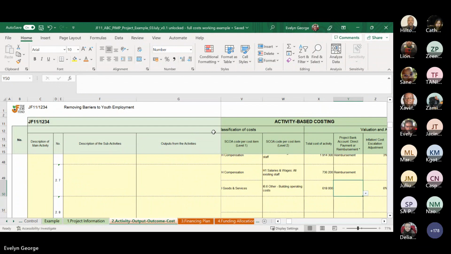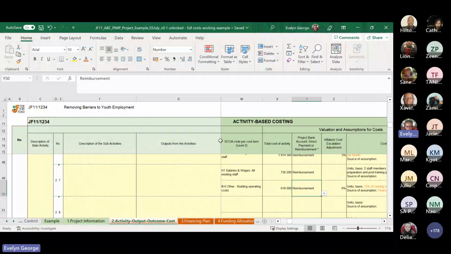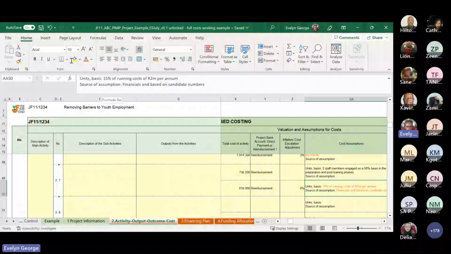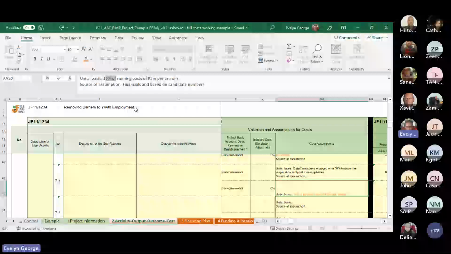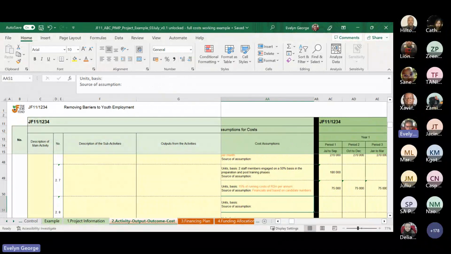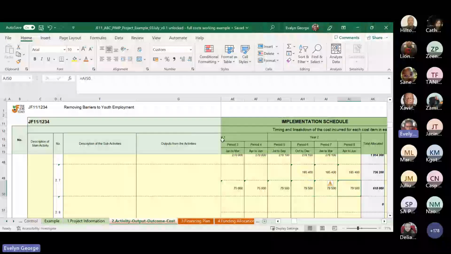So let's say maybe it's something to be reimbursed. We are building in a 6% escalation, and here they're telling us that they'll allocate 15% of their running costs of the business in its entirety to the project. And I think that's what it amounts to, and that's over the life of the project, building in the escalation.